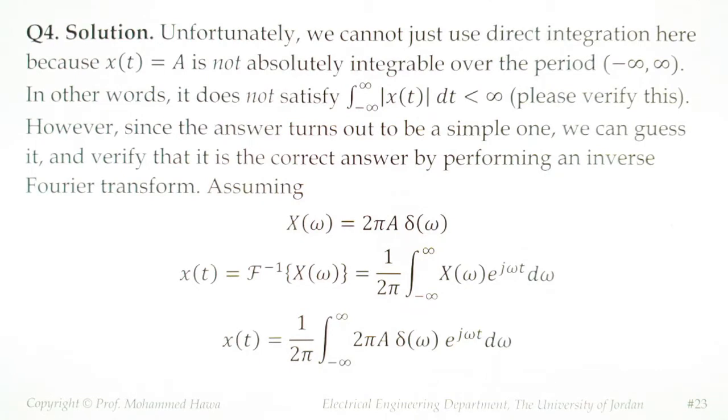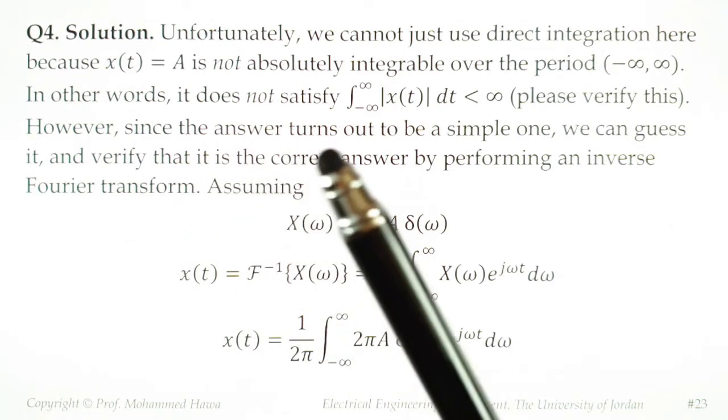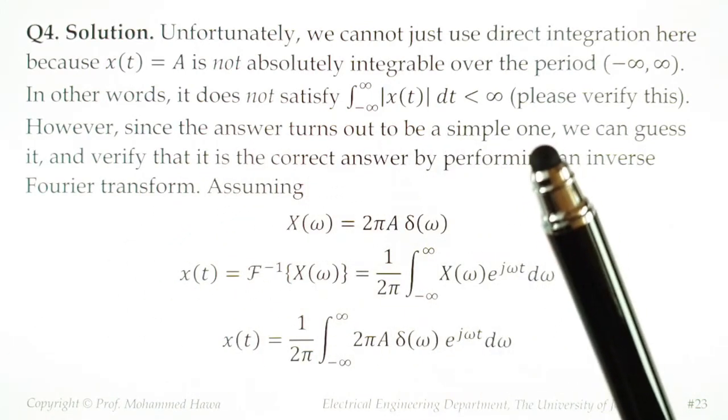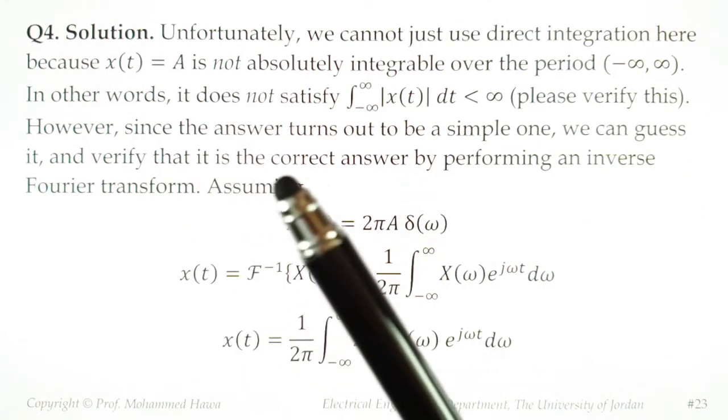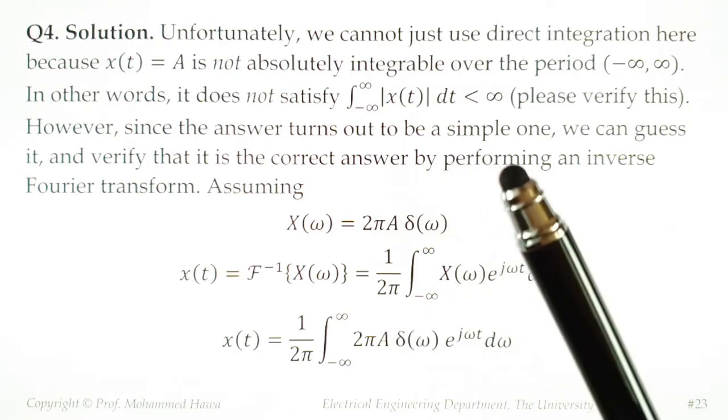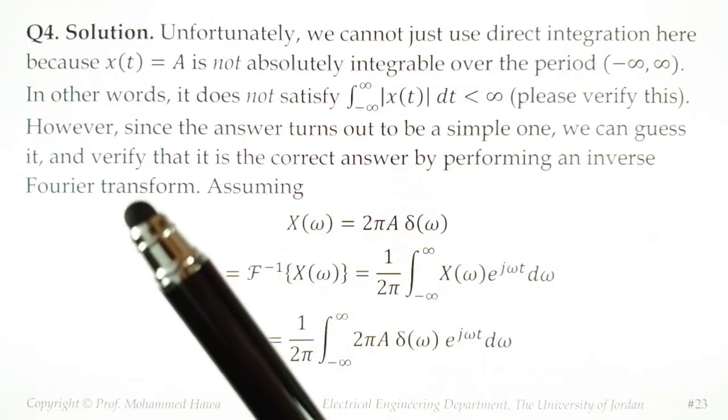This doesn't mean that there is no Fourier transform. It just means I cannot use the integral directly to find the Fourier transform. However, I'm going to use a simple trick here, because the answer turns out to be a very simple one. What I'm going to do is guess the answer and verify that it is the correct answer by performing an inverse Fourier transform.